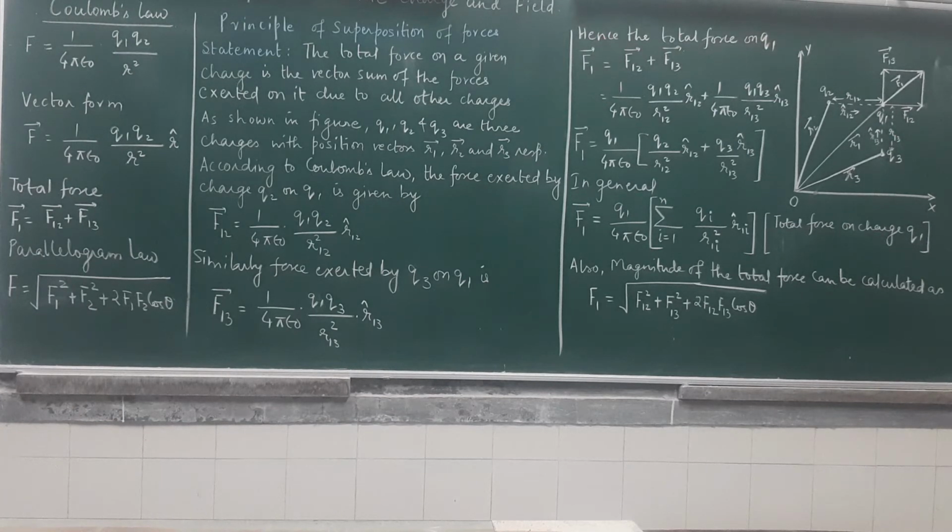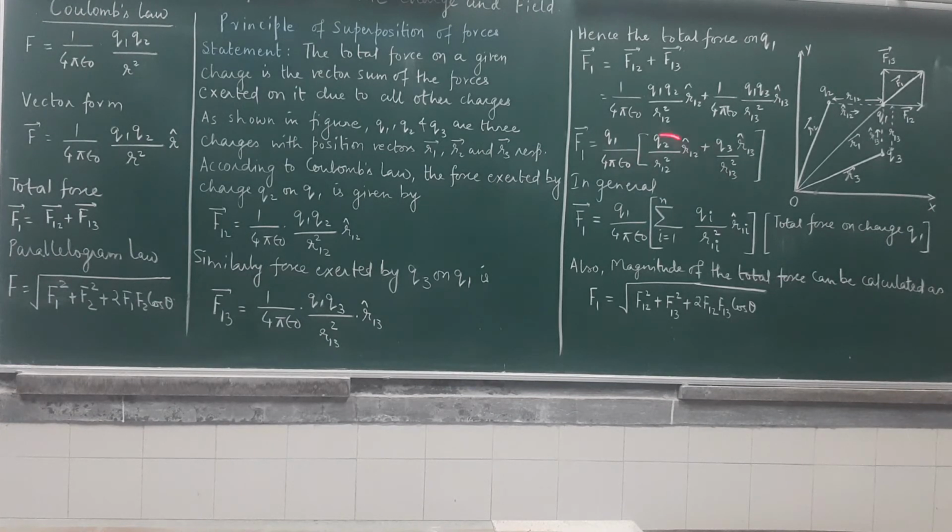Applying the principle of superposition, we will add the two forces F12 and F13 to calculate the total force F1 on charge Q1. Adding these two forces from these two equations F12 and F13, we take out common Q1 upon 4 pi epsilon naught, so we are left with Q2 upon R12 squared into R12 cap, and Q3 upon R13 squared into R13 cap.